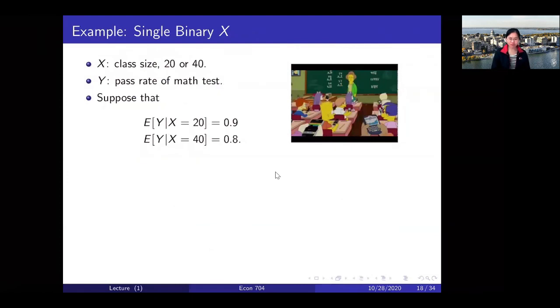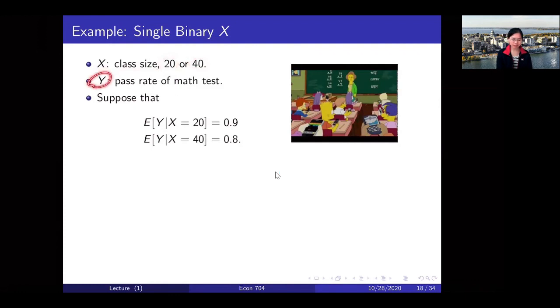Now let's consider a very simple numerical example, to see how you can use a linear model to describe the conditional mean. Let's start with a single binary x variable. X is class size, which takes only 2 values, 20 and 40.